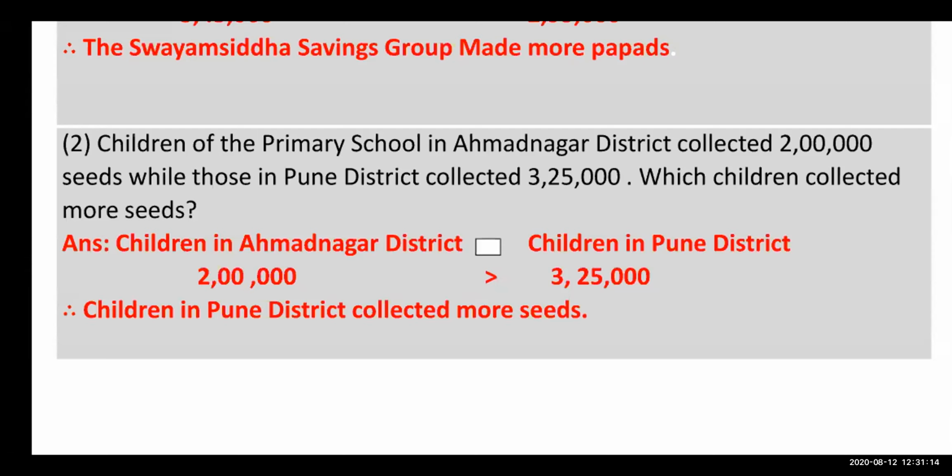And in Pune district they collected 3,25,000. So which children collected more seeds? Children in Ahmednagar district collected 2 lakhs. And children in Pune district collected 3,25,000. Now tell me, 2 lakhs is bigger or 3,25,000?